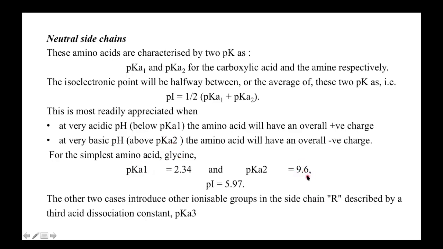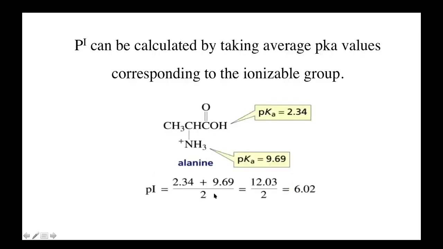So here let's consider one example. One group is COOH and another one is NH3. That means one acidic group and one basic group, so the numbers of acidic and basic groups are the same. Due to the presence of an equal number of acid and base groups, it should be a neutral one.